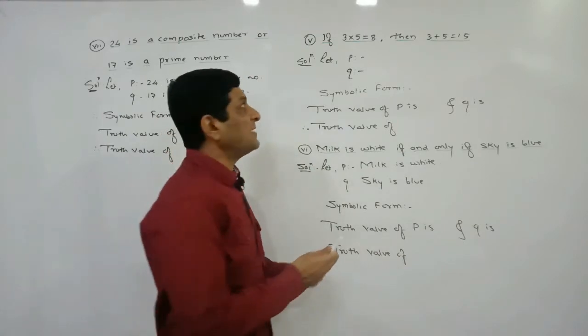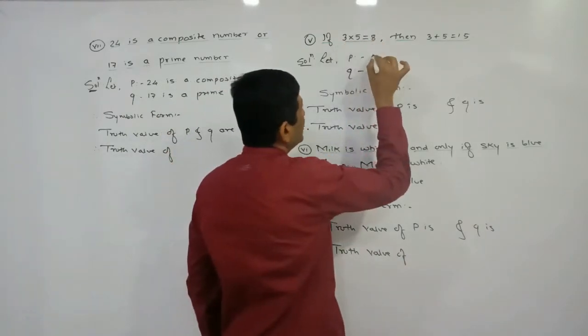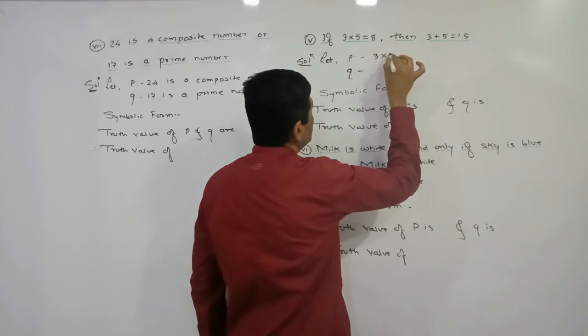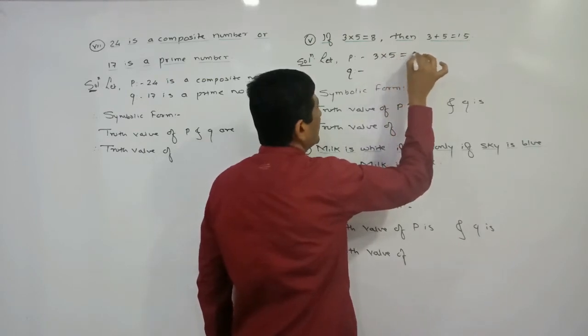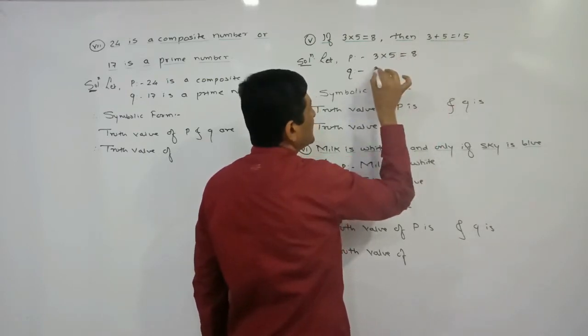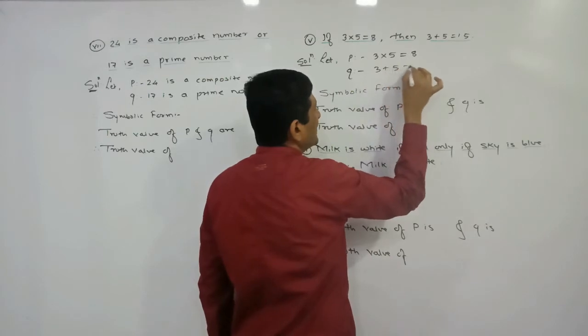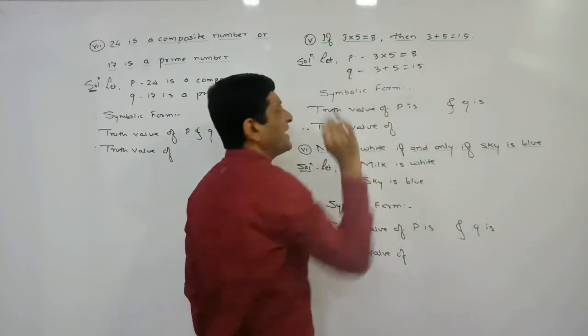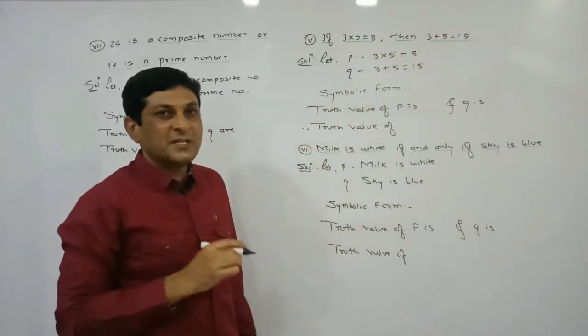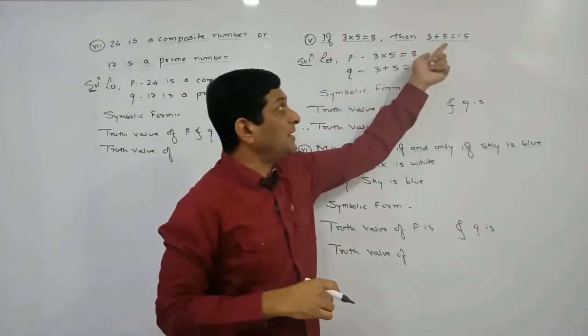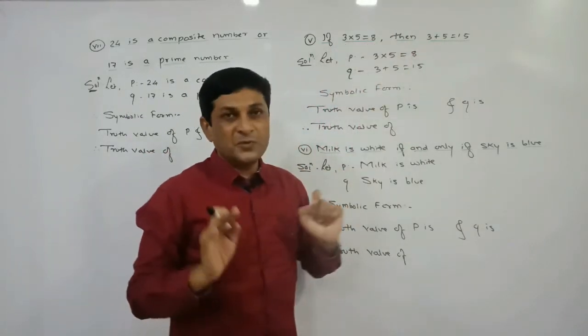Now see example number 5. In this example, the first part, 3 into 5 is equal to 8, let us denote by P, and the second part, 3 plus 5 is equal to 15, we denote by Q. These two parts are connected by which logical connective? If then.